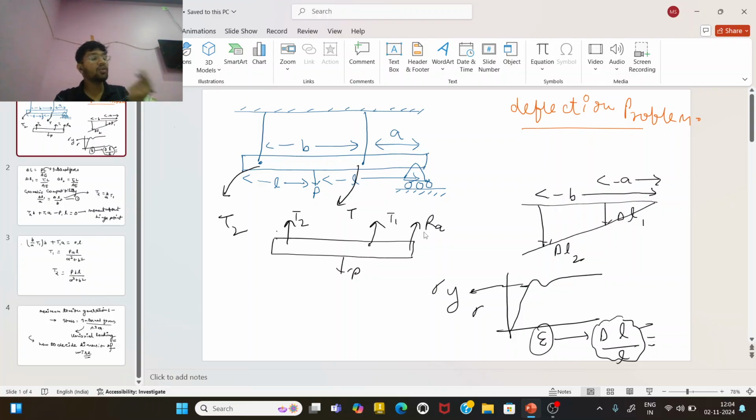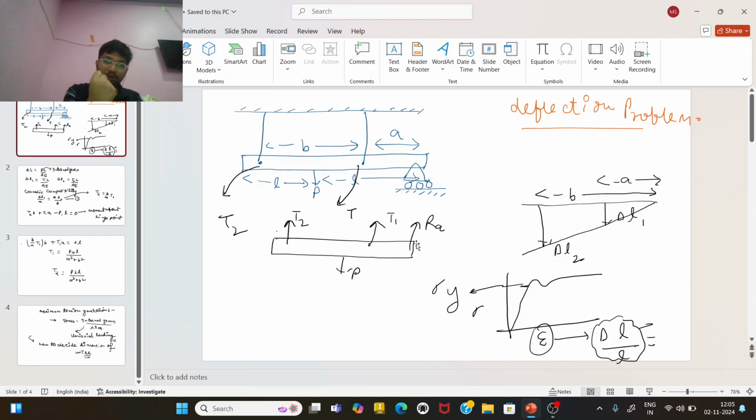So how can we find the third variable? To find it, we come to the concept of geometrical compatibility. How can we write the equation for this particular system?